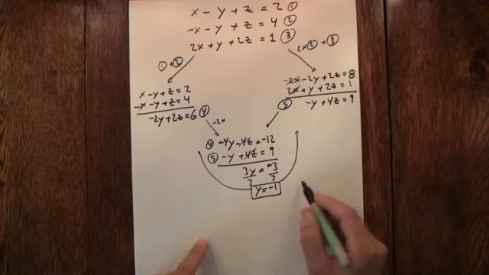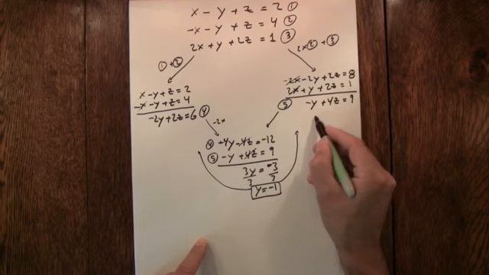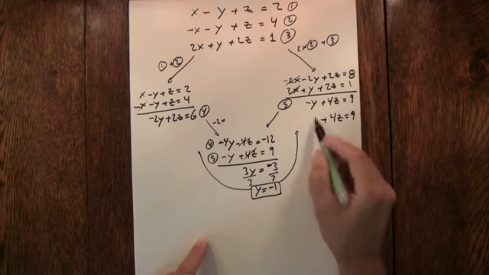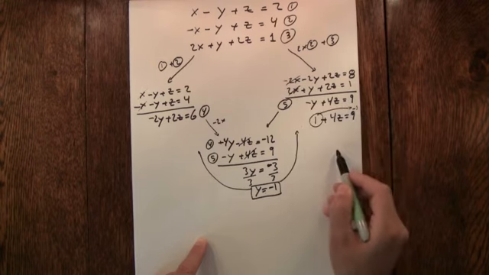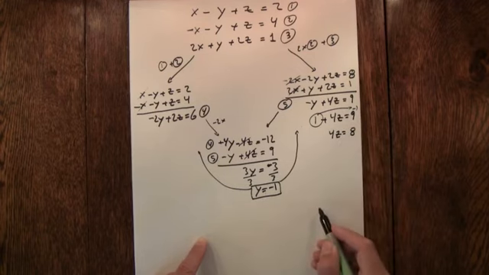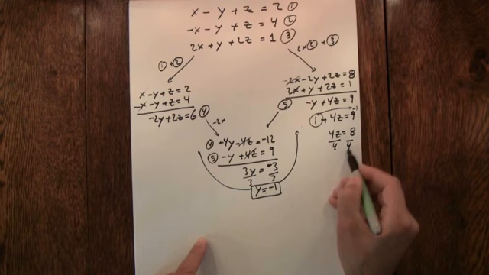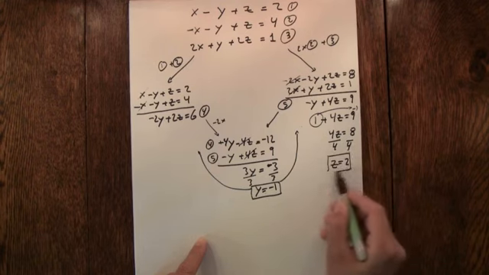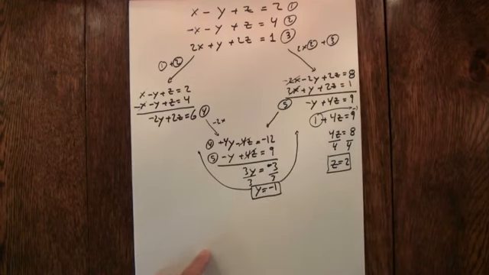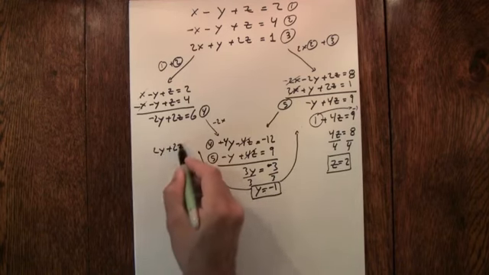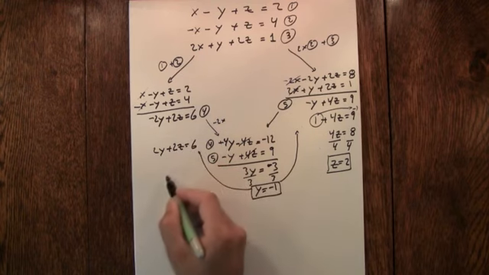So this becomes negative negative 1, which is 1, plus 4z is equal to 9. I'm going to bring the 1 over, it's negative 1, so 4z is equal to 8, and then I'm going to divide by 4, so z is equal to 2. That's my z value. Now I'm going to make sure that's correct. Bringing in negative 1 here, that's going to be 2y plus 2z is equal to 6.